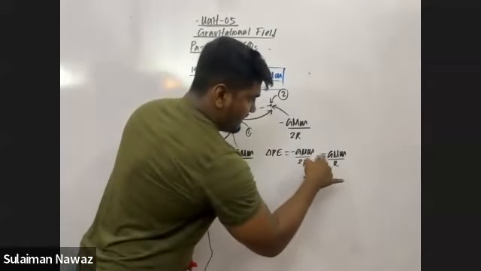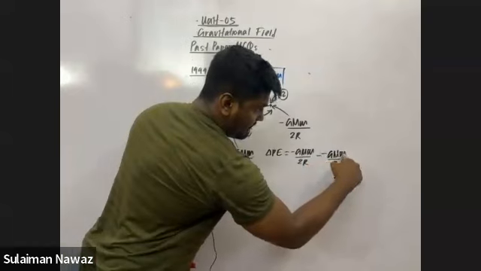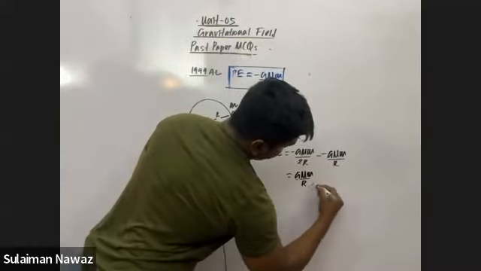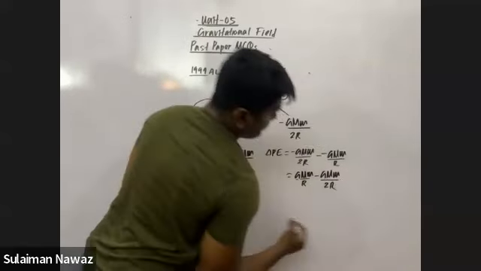So then it will become what? Minus becomes plus. So plus G capital M simple m over R minus G capital M simple m over 2R.